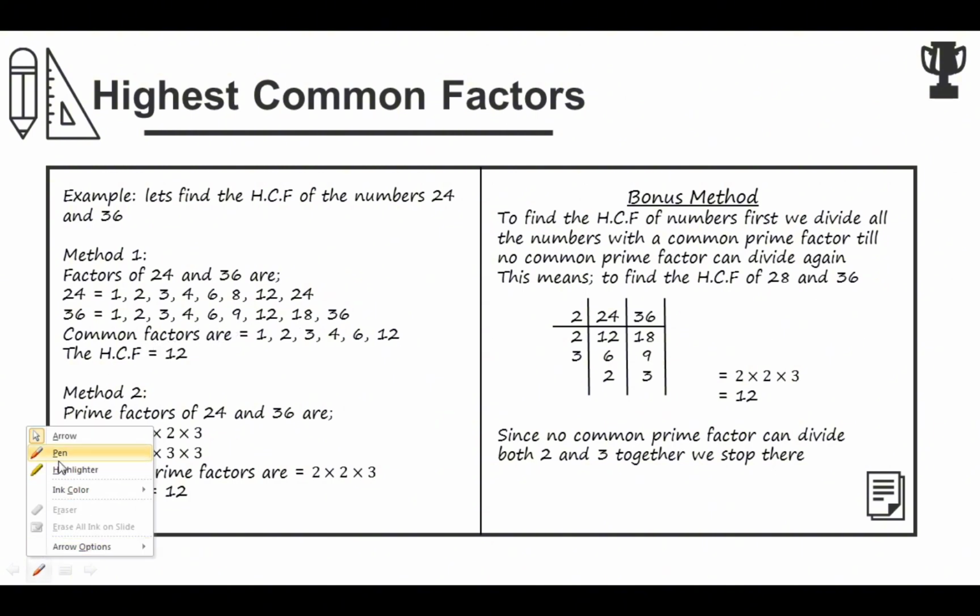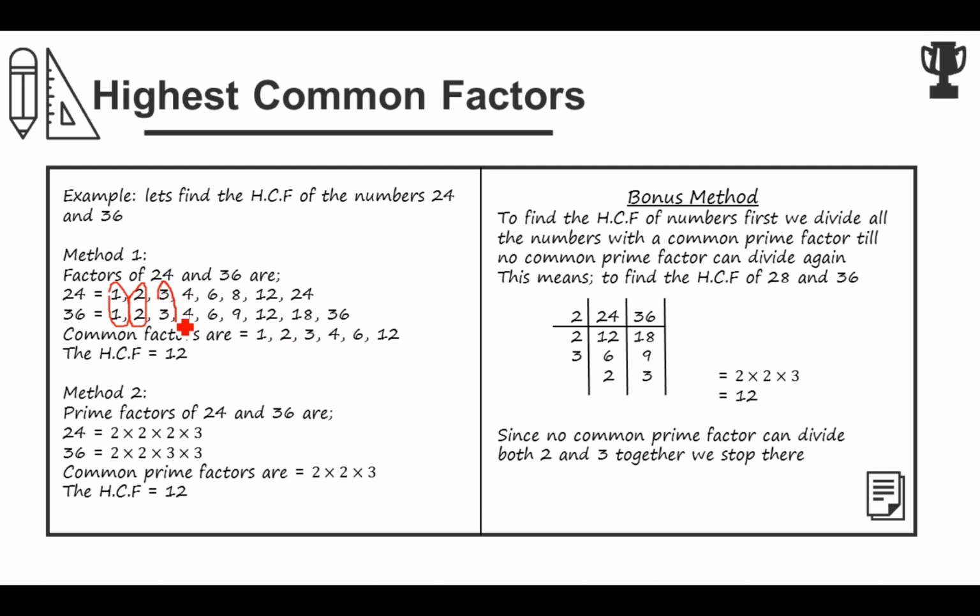So now we list our common factors. And how do we get our common factors? Common factors are numbers that appear in both 24 and 36. So we select 1, appeared in both of them. We'll have our 1 here. Now we select again 2, appeared in both of them. We have our 2. We select again 3, appeared in both.